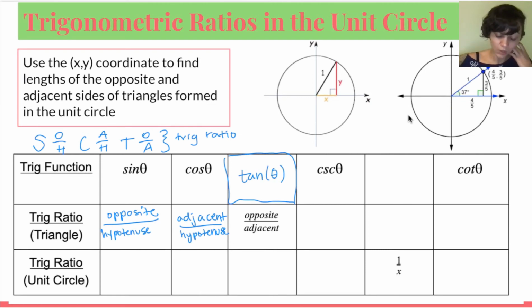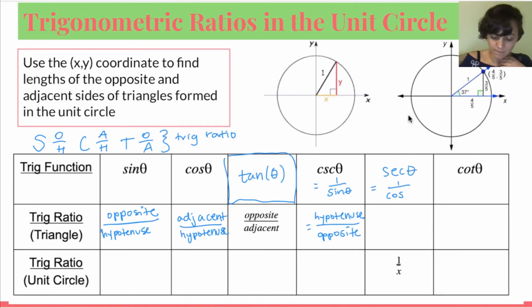Okay. Cosecant is the reciprocal of sine. So cosecant is 1 over sine, which means I can just flip my trig ratio for sine. So it's hypotenuse over opposite. This one, which one am I missing? I have cosecant, I have cotangent, so I'm missing secant. Secant is the reciprocal of cosine.